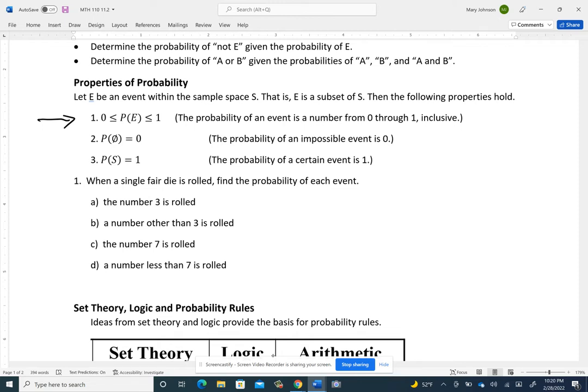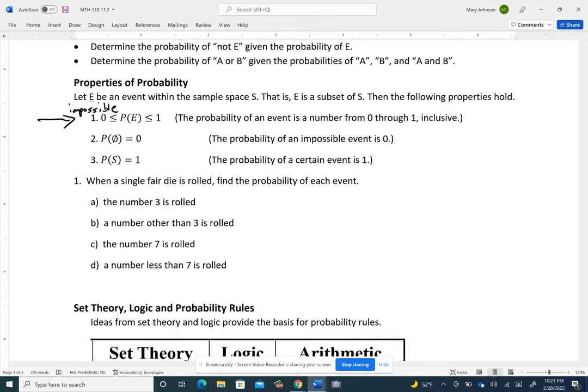And so when you get a probability that's 0, that's for an impossible event. And if the event is certain, like what's the probability of rolling a number less than 7 when you roll a normal 6-sided die?